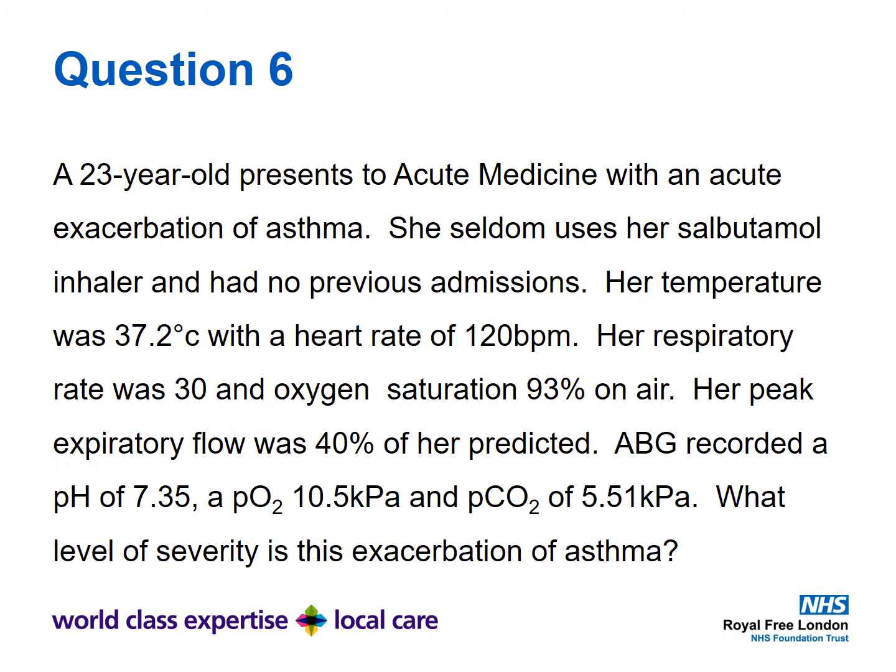Her peak expiratory flow was 40% of her predicted. ABG recorded a pH of 7.35, a PO2 of 10.5 kilopascals, and a PCO2 of 5.51 kilopascals. What level of severity is this exacerbation of asthma?